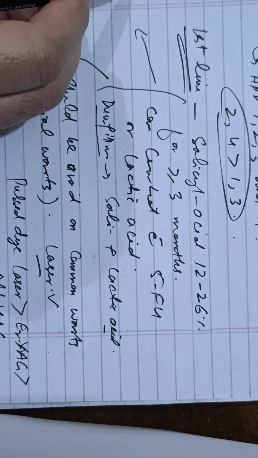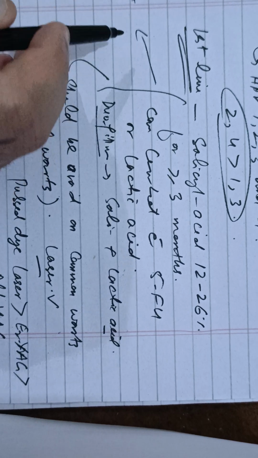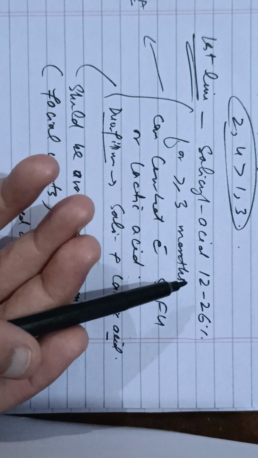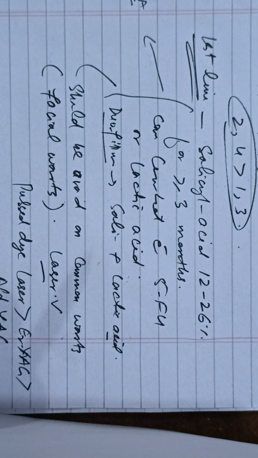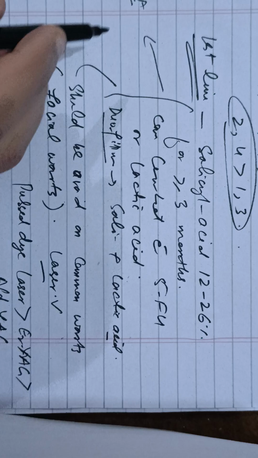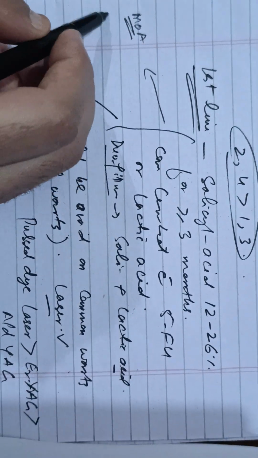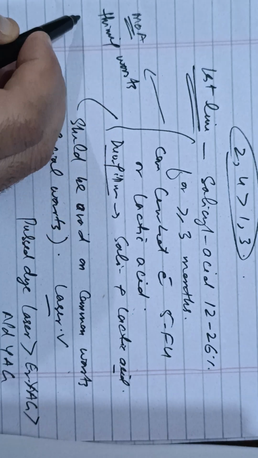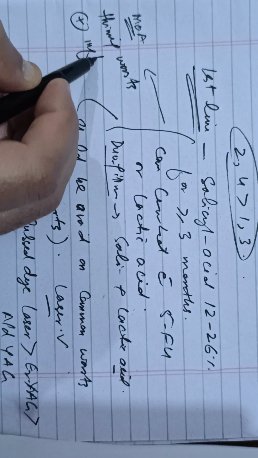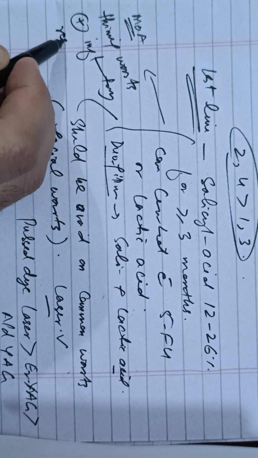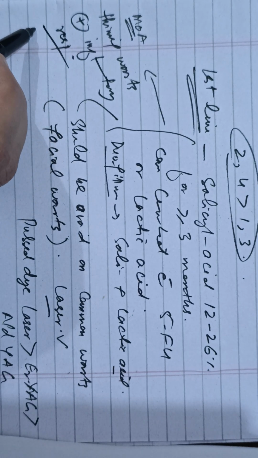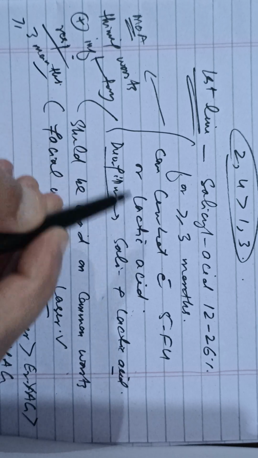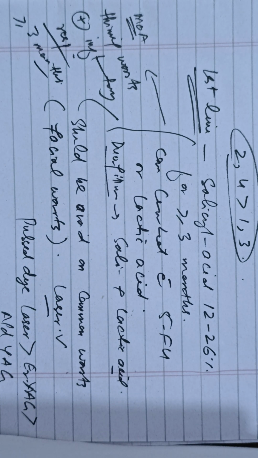The mechanism of action of salicylic acid, usually in the concentration of 12 to 26%, is that it thins the warts and stimulates an inflammatory response. This response usually takes 3 or more than 3 months. So that's why these are advised for 3 or more than 3 months.